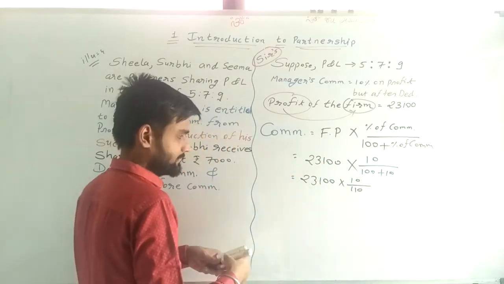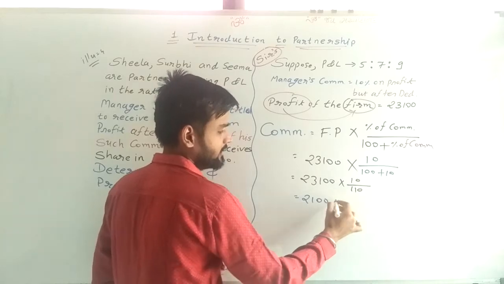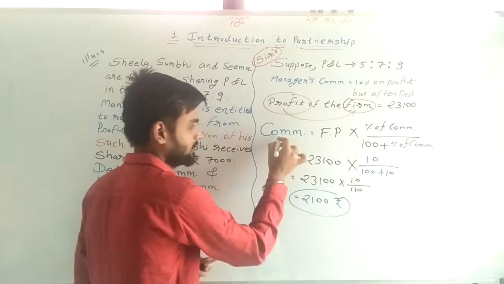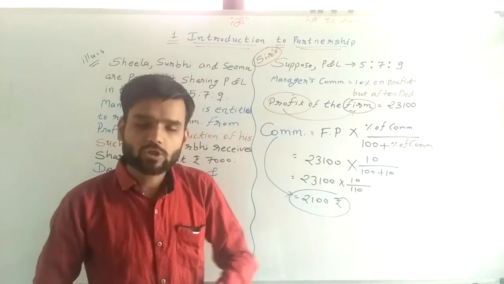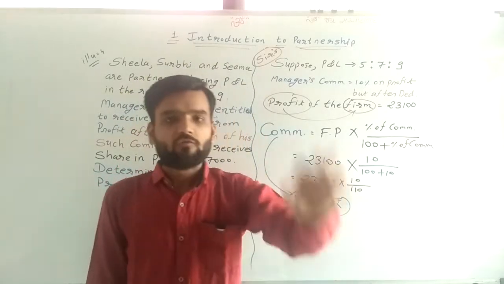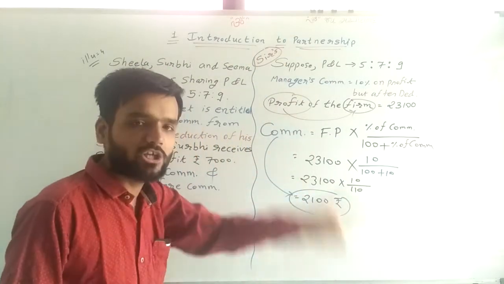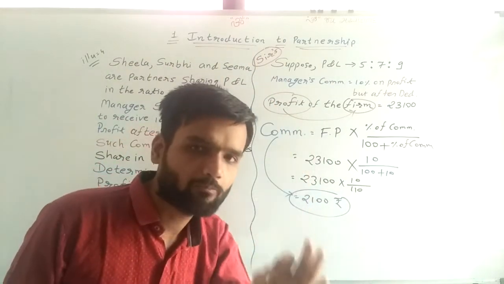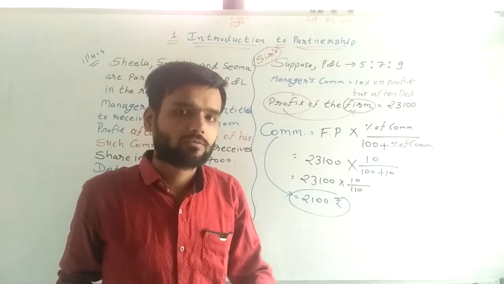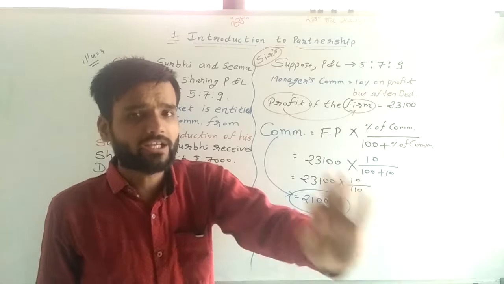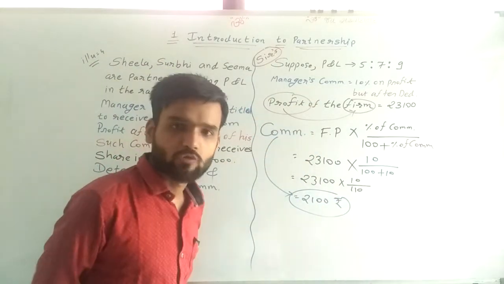The answer is 2,100 rupees. It's the amount of commission. Suppose the question is find the commission of the manager, then 2,100 rupees is the commission of the manager. Calculation completed, sum completed.